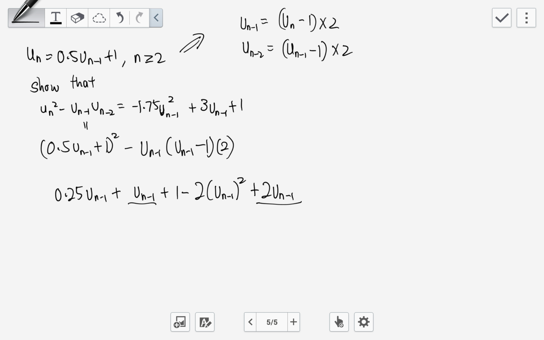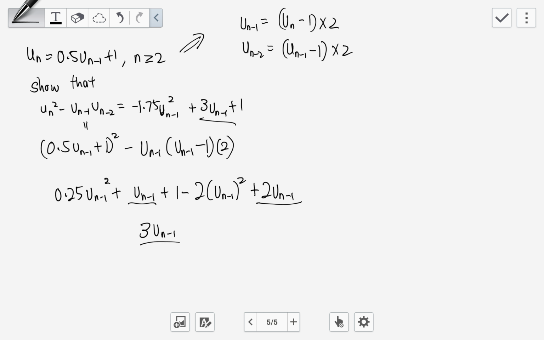Then where comes my 0.25? Oh, when I expanded this one I forgot the square here. The a squared, so the whole thing must be squared plus 2ab plus b squared. So I missed out the square here. So now I have 2 plus 1, 3, so I have 3u_{n-1}.